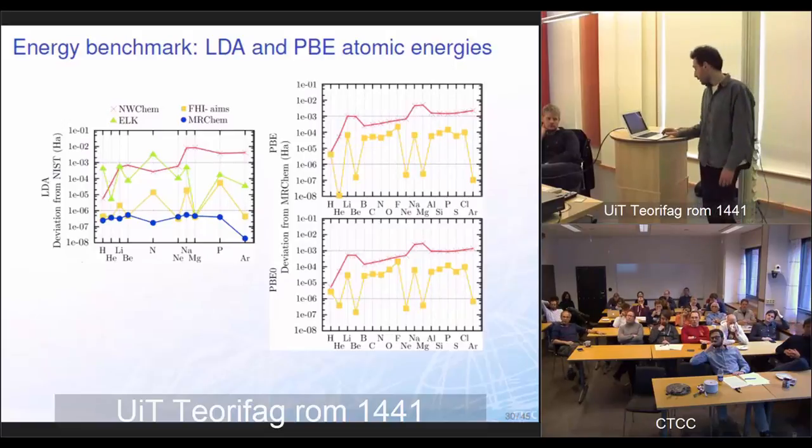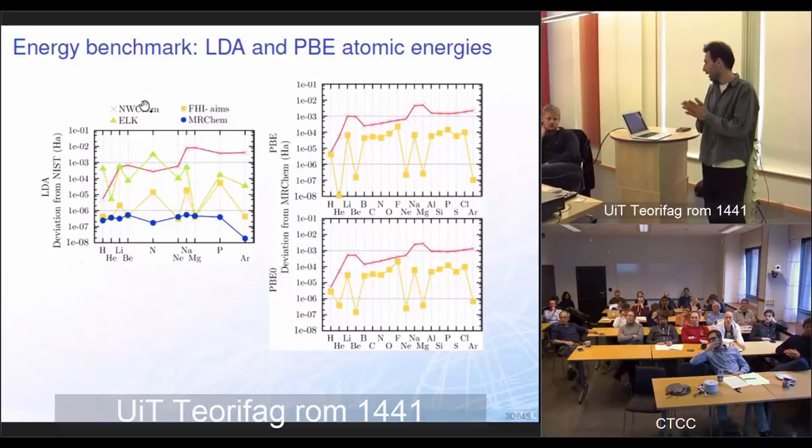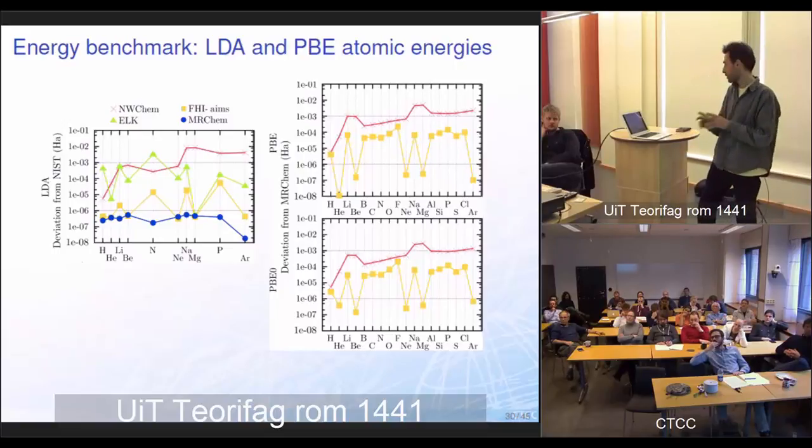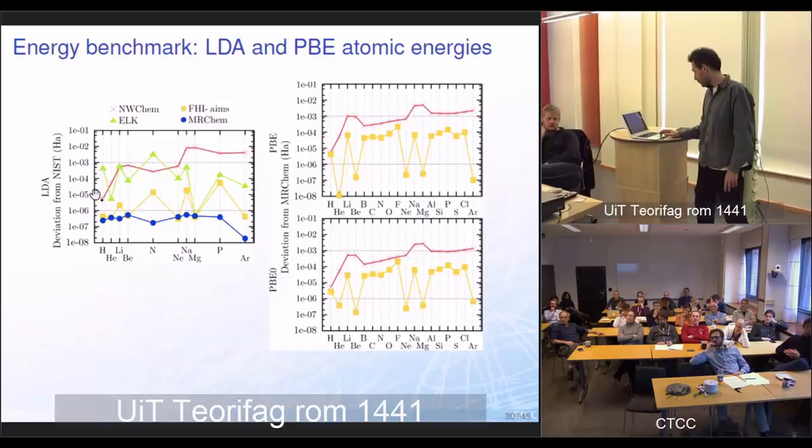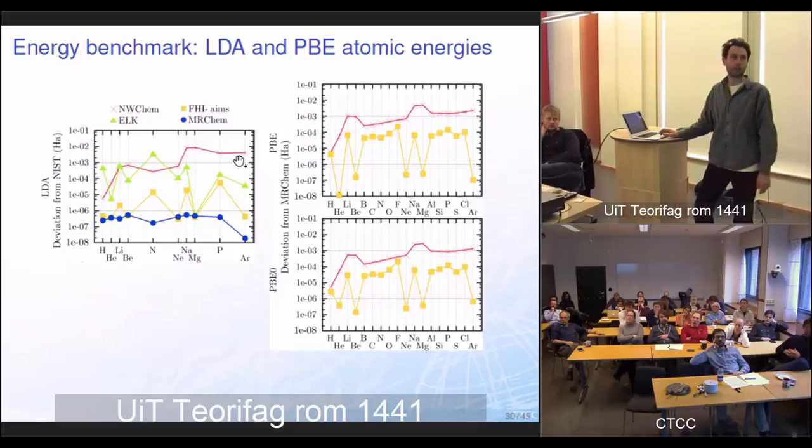Then there's a mixed picture between ELK, the plane wave code, and NWChem, which is Gaussians. Gaussians are good in the beginning, but their main problem is that the error grows with atomic number. That is clearly related to the cusp. The more important the cusp becomes when you go to higher atomic numbers, the more problematic it is to represent things with Gaussians.